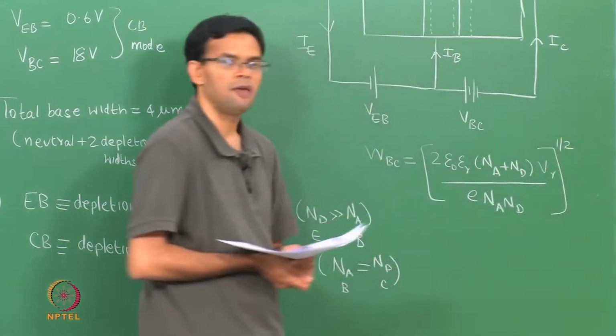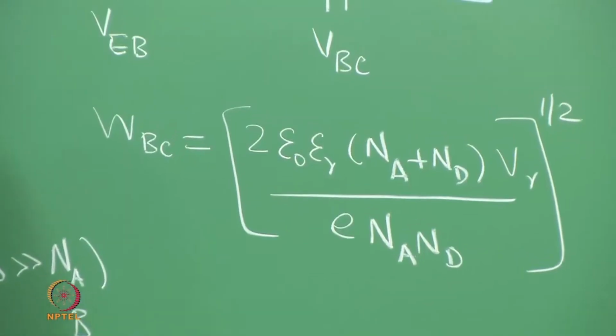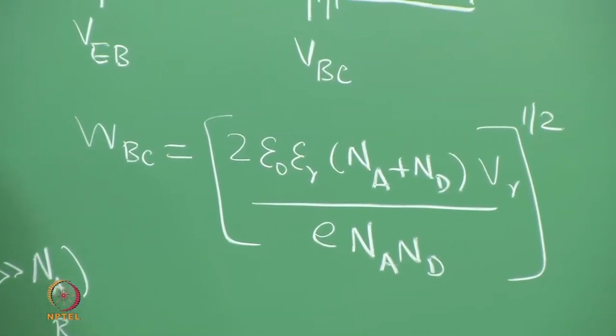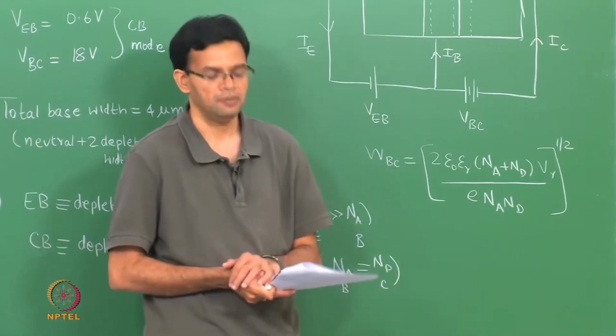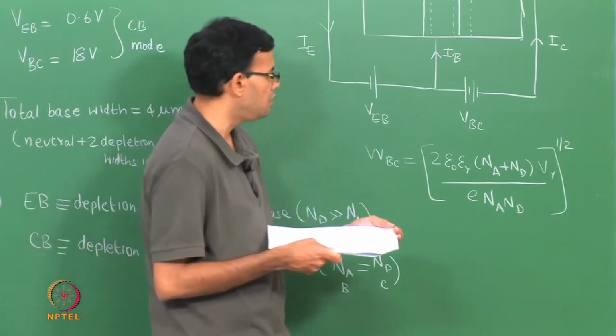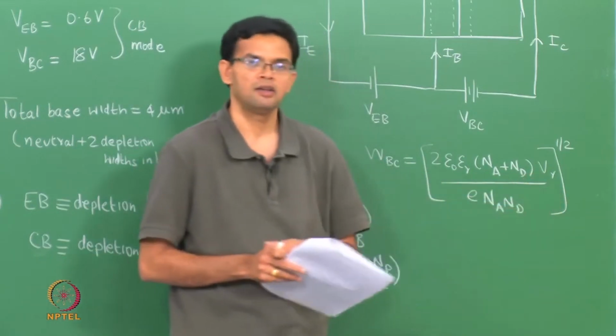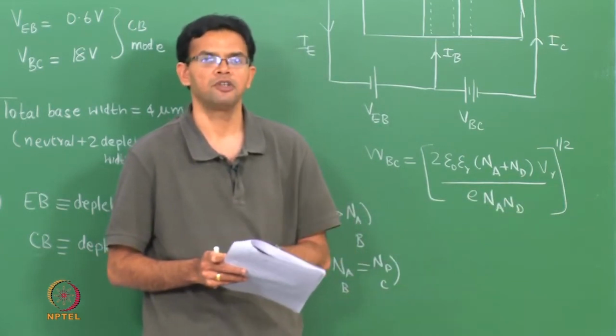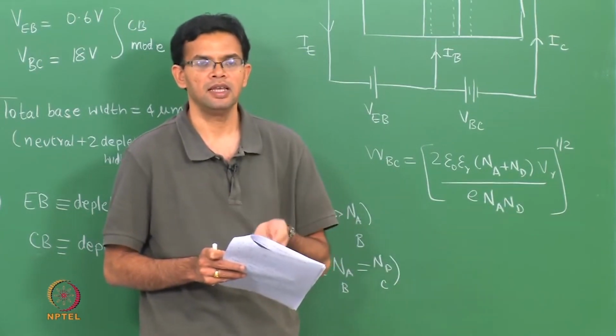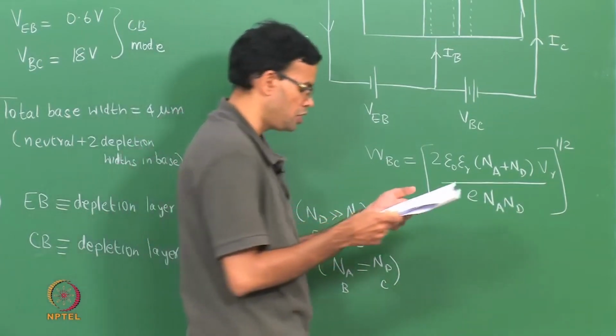This is the same formula that we have used when calculating the depletion width of a PN junction. We are just using that formula. The only difference here is that Vr is not the contact potential, but it is the contact potential plus the externally applied reverse bias voltage.